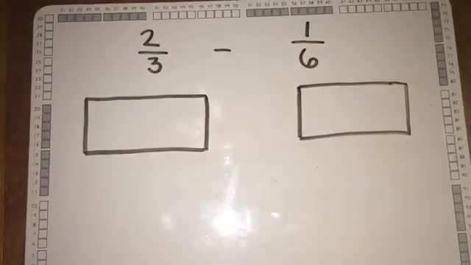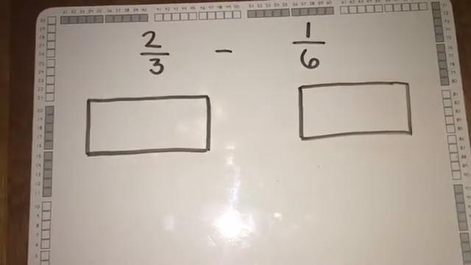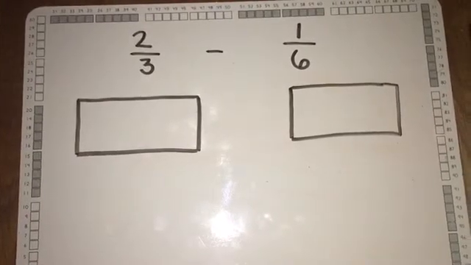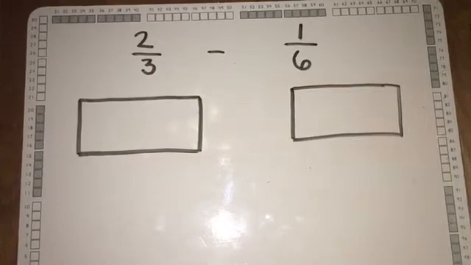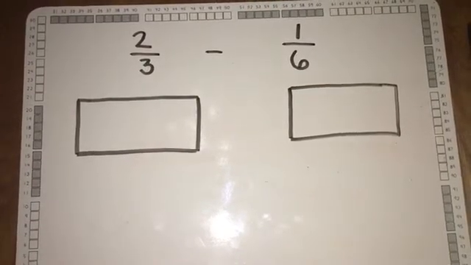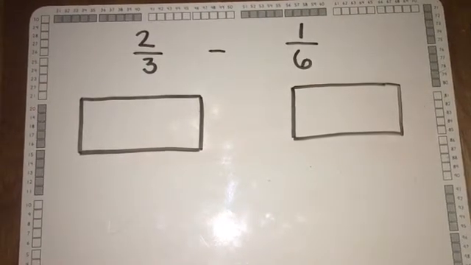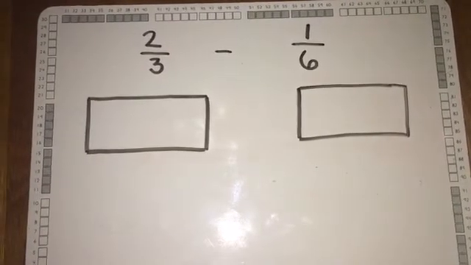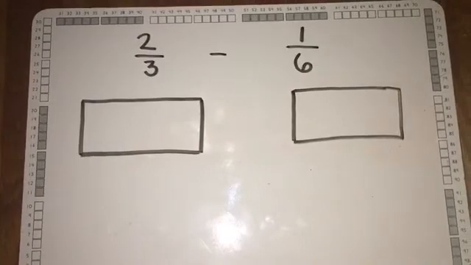For this problem, we will be solving 2/3 minus 1/6. To start our problem, we will be drawing a rectangular representation of each fraction. We will start by subdividing our whole into 3 parts.